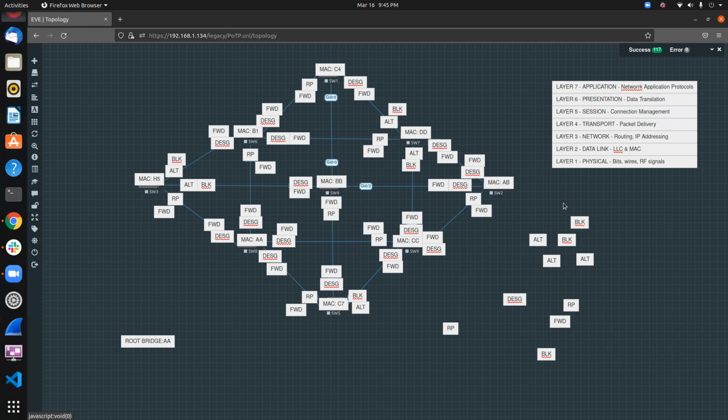Since MAC AB has a forwarding designation, I'm going to put forwarding state on interface 002 on MAC BB. Why?